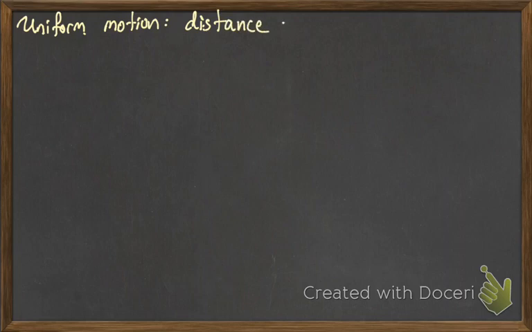So when we're looking at uniform motion, we're going to use the fact that the distance traveled is going to be equal to the rate, which will be a speed, times time, or distance equals RT.